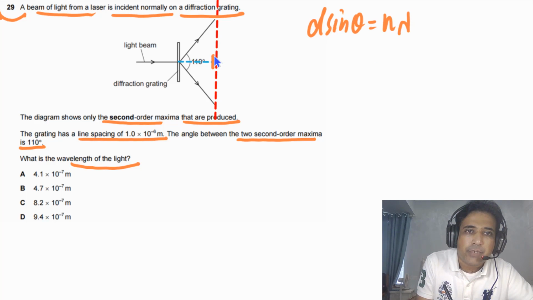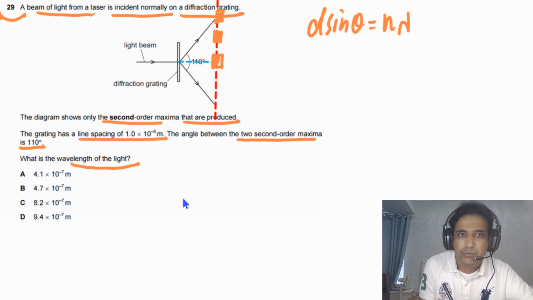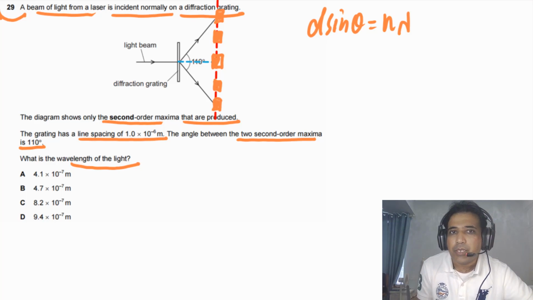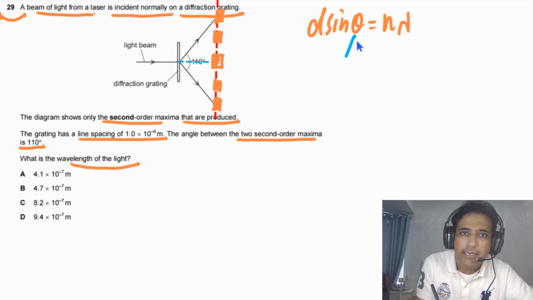So in this case, we will have the center maxima here, and then we will observe the first order, and then we will observe the second order. So here will be the second order, and here also we will observe the first order, and here we will observe the second order.